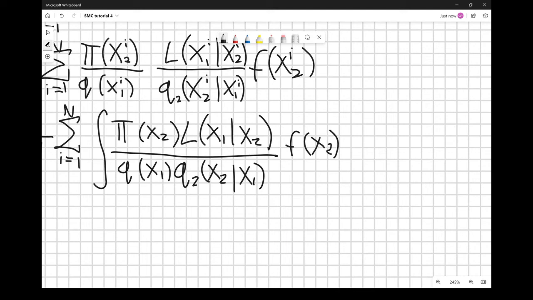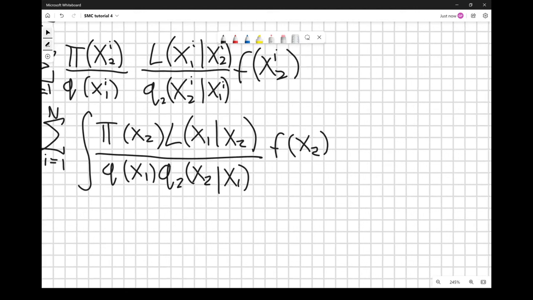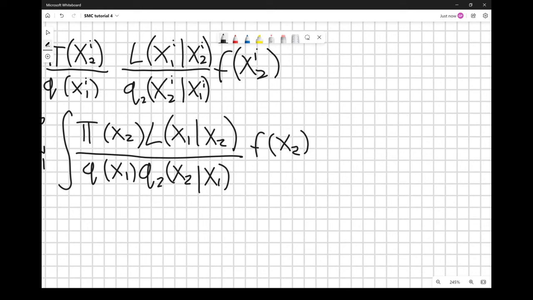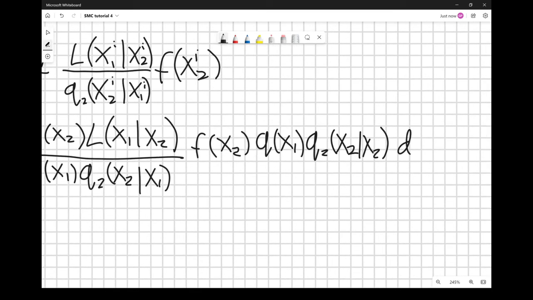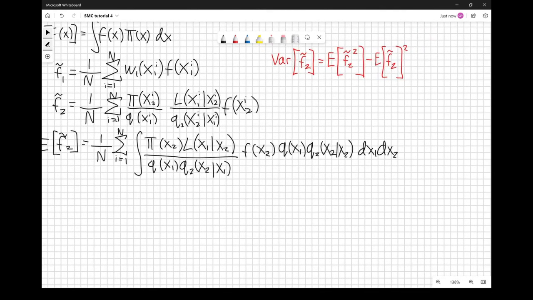You have to remember that our samples are coming from the proposal in this case, or our expectation is taken with respect to the proposal. So we're going to also have a q of x1 and our q of x2, x2 conditional on x1 here. And then we finish off the integral by saying it's with respect to x1 and x2.